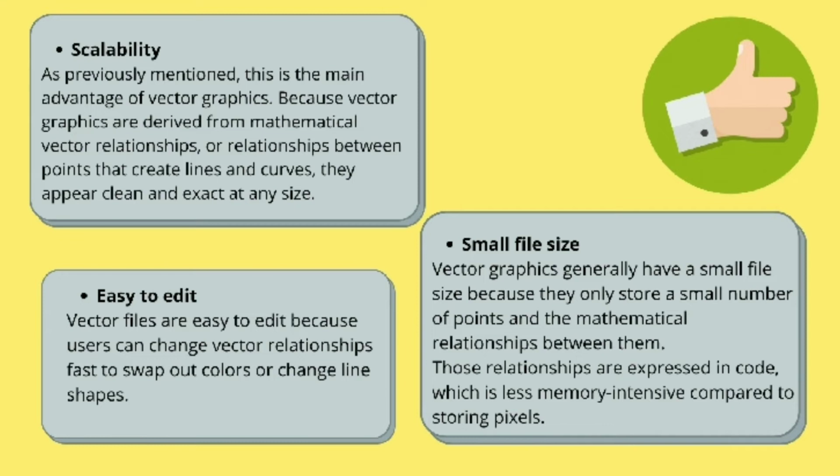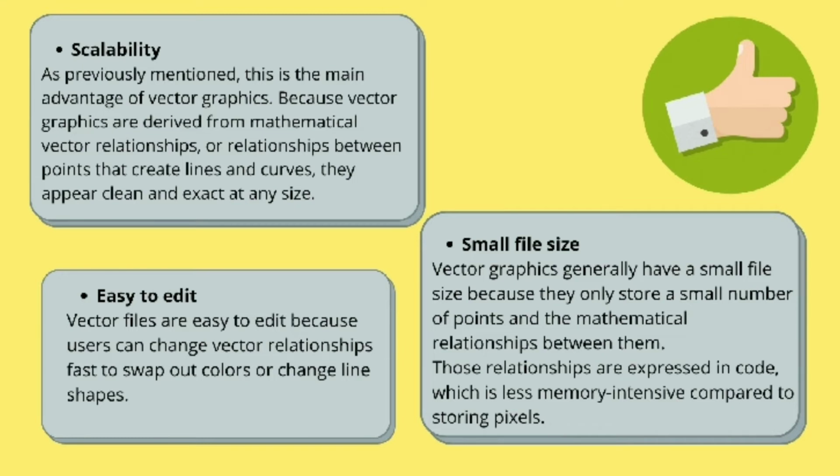Those relationships are expressed in code, which is less memory intensive compared to storing pixels. Easy to edit. Vector files are easy to edit because users can change vector relationships fast to swap out colors or change line shapes, for example.